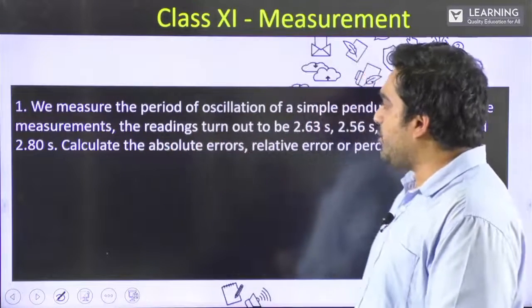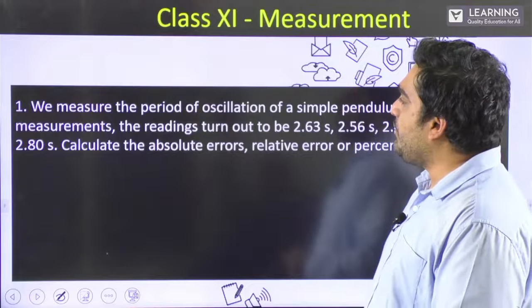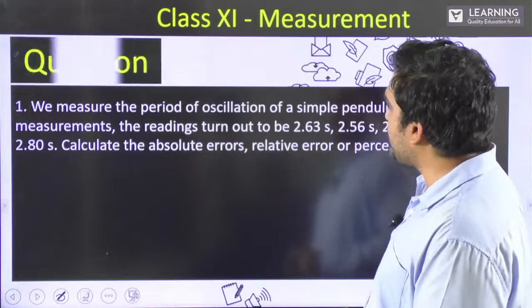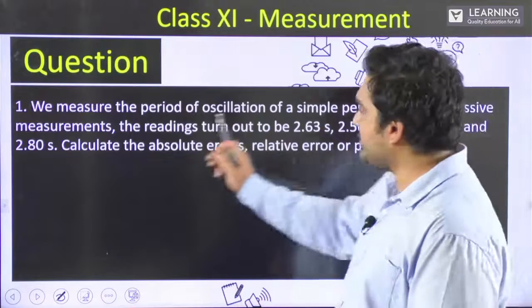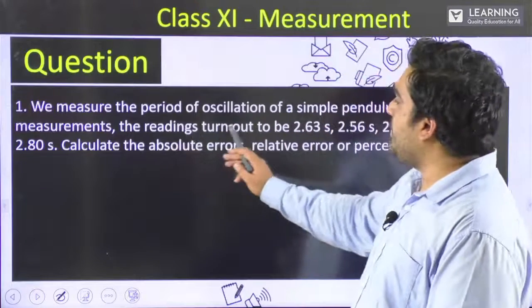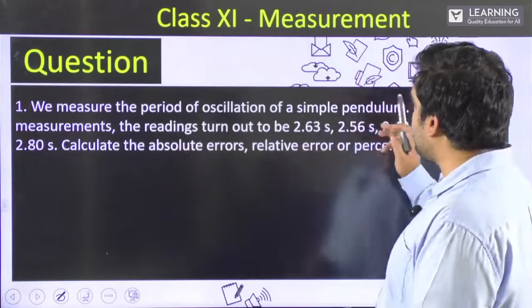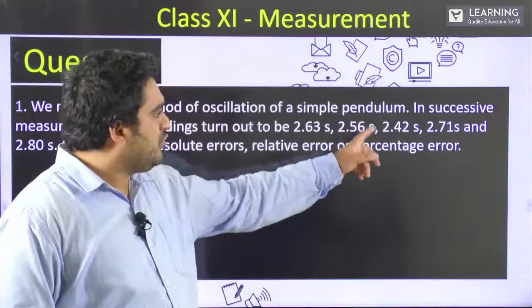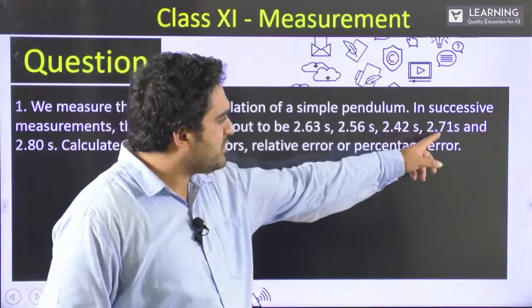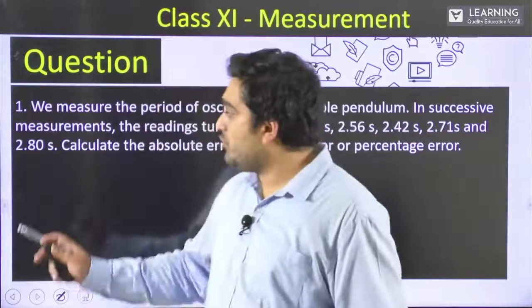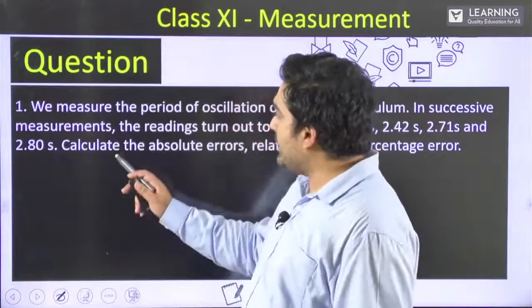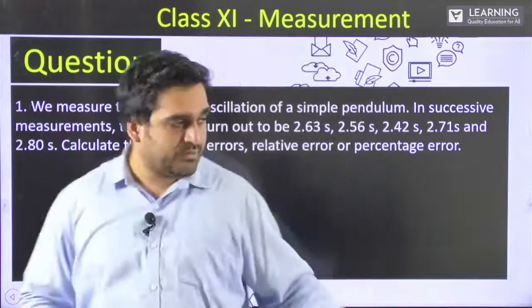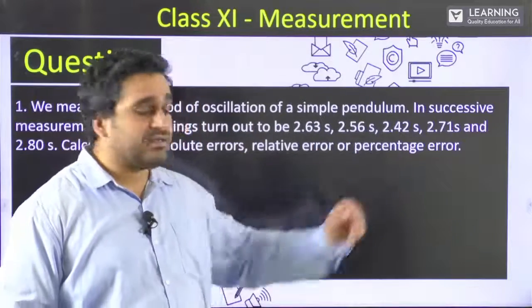Here we have a question that says, we measure the period of oscillation of a simple pendulum in successive measurements. The readings turned out to be 2.63 seconds, 2.56 seconds, 2.42 seconds, 2.71 seconds, and 2.80 seconds. Calculate the absolute error, the relative error, and the percentage error.